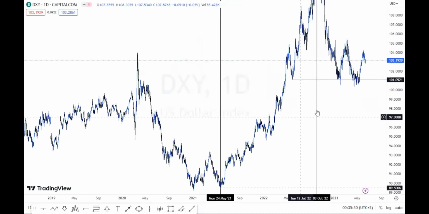So that's why it's very important to look at your left-hand side whenever you analyze the markets. Let's also look at this. Obviously, this is the most recent wave we've had.